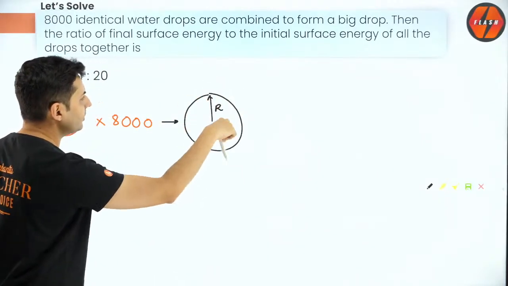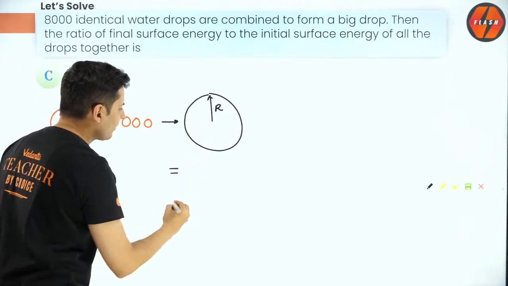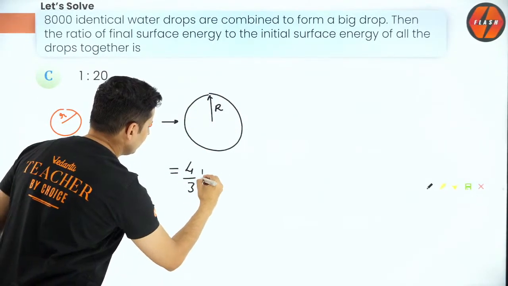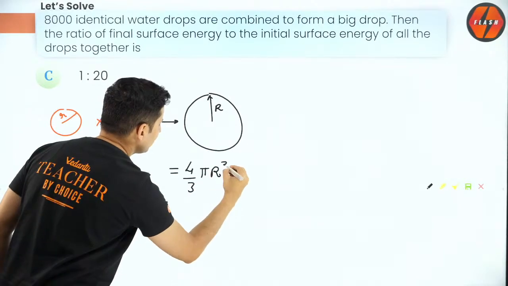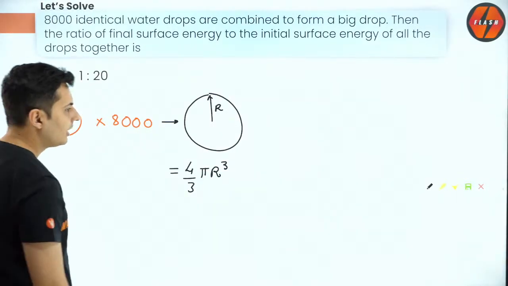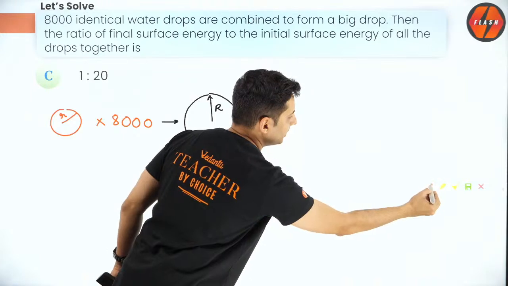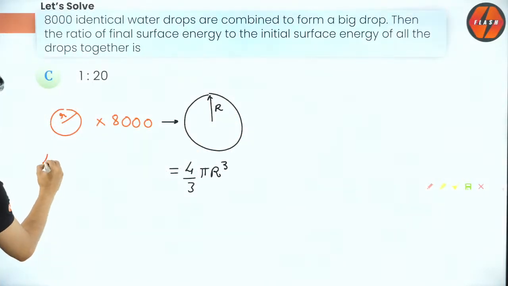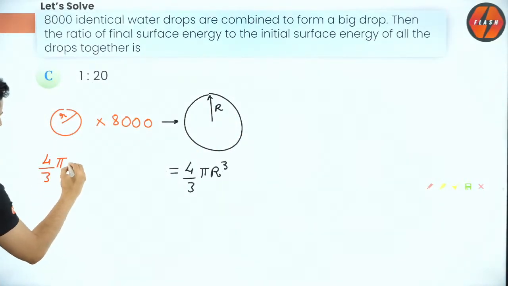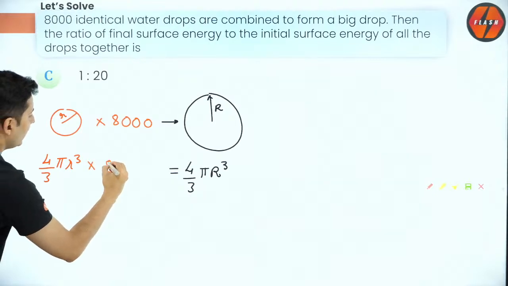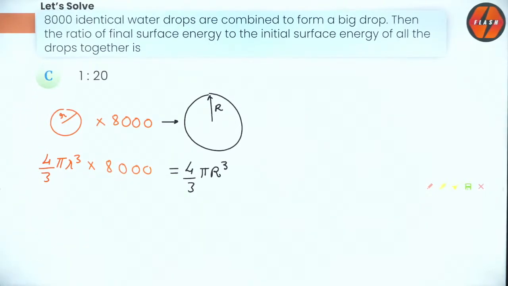Think about the volume of the bigger drop. Volume of the bigger drop will be 4 by 3 pi R cube. Correct? And the volume of the smaller drop will be 4 by 3 pi small r cube. But there are 8,000 of them.